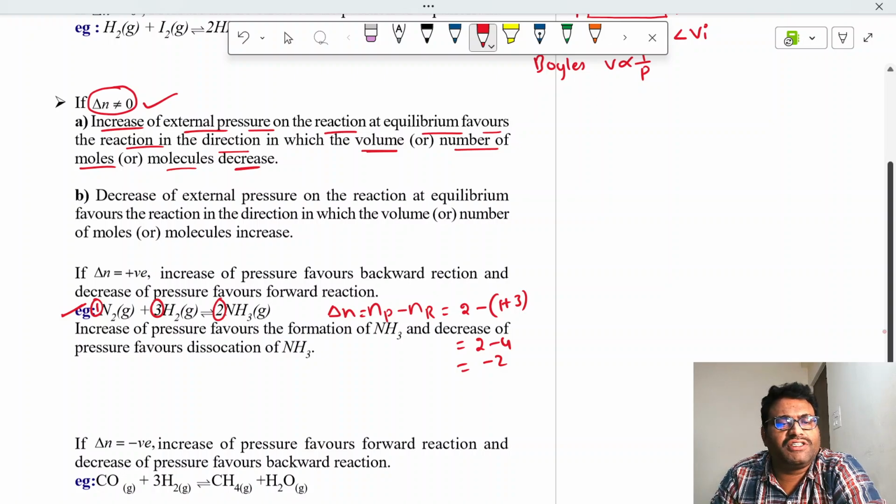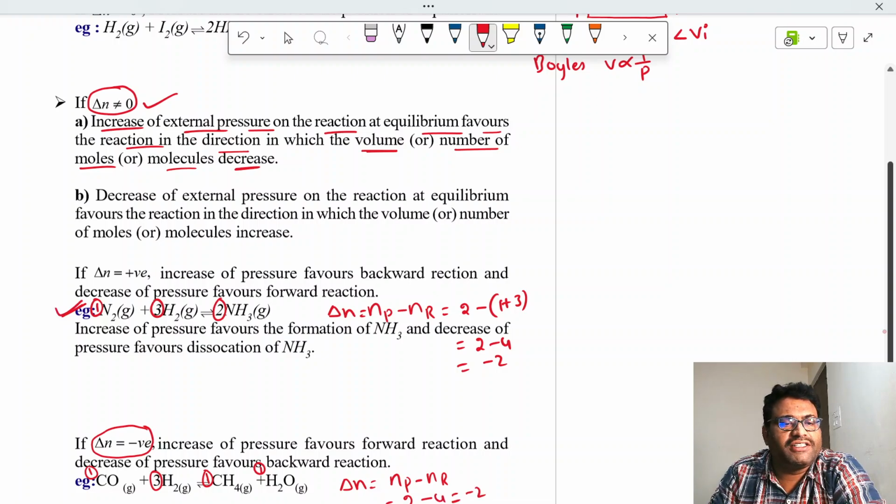This example is for delta N equal to negative. For the other reaction also, delta N is NP minus NR: 1, 1, and here 1, 1. Hmm, taking the stoichiometry as shown, that is 2 minus 4, equal to minus 2.